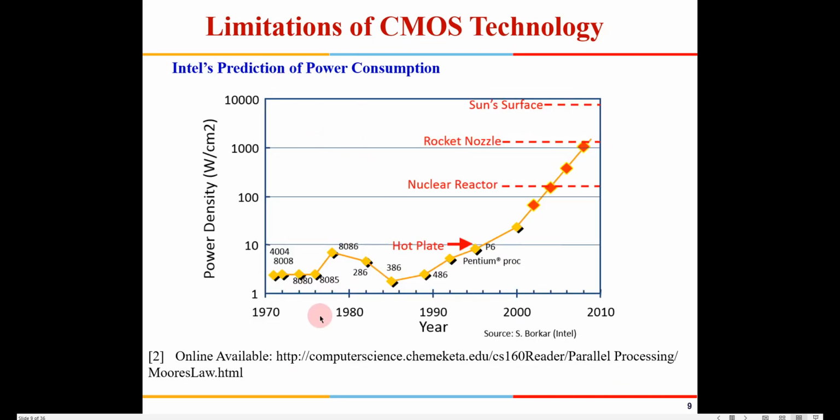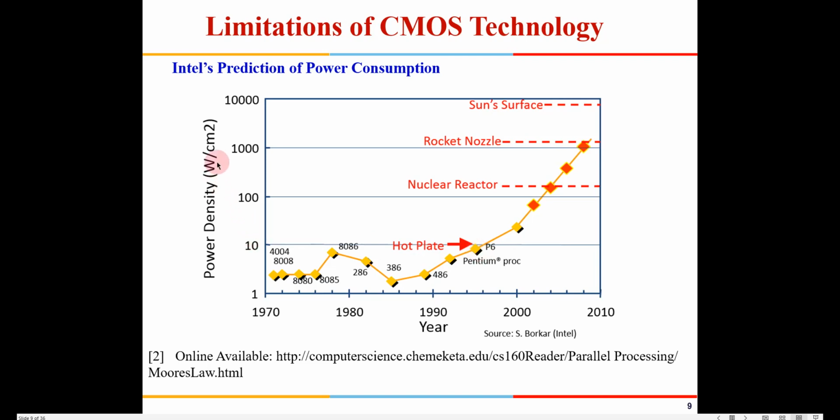This was another prediction. The Pentium's power density was around 10 watt per centimeter square. Now consider a hot plate, which we generally have, 10 by 10 centimeter, and it dissipates 1000 watts of power.